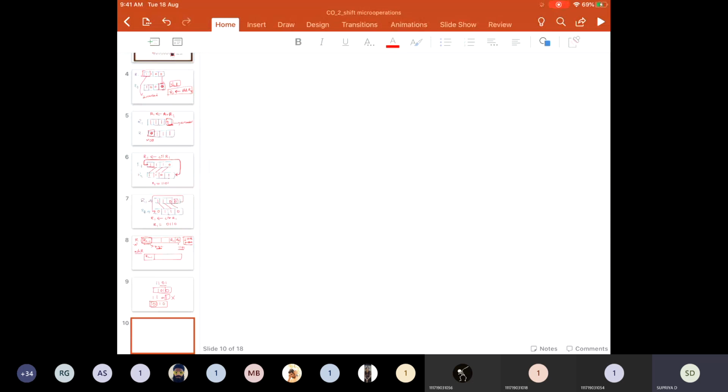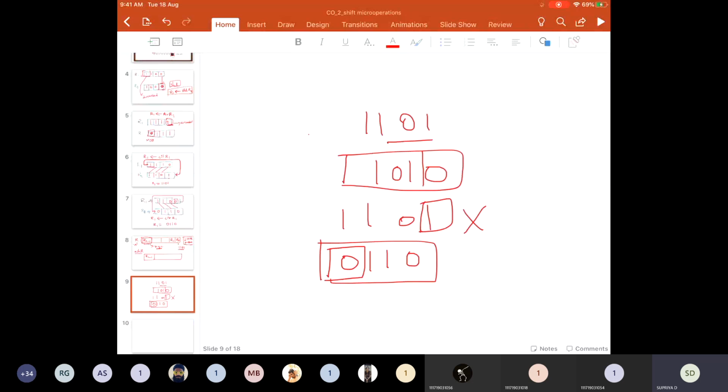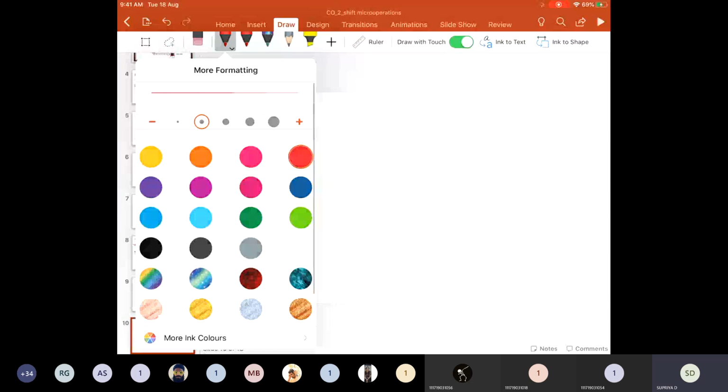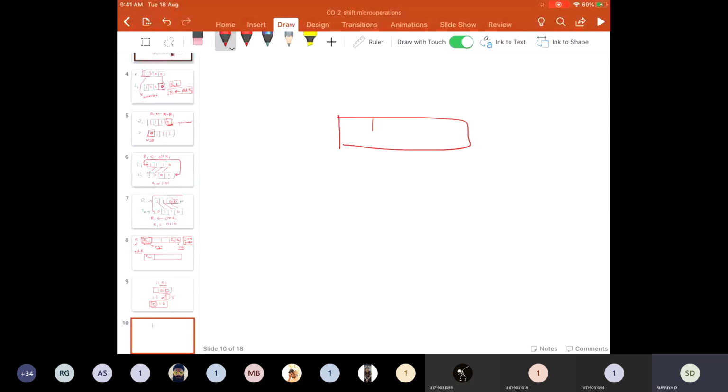Whereas in arithmetic shift, circular shift left and circular shift right, you will not be inserting any new data. For example, if you have the same number 1101, after shift left operation, it will be 101, and whatever bit you are discarding will be inserted at the least significant position. This we call circular shift left.